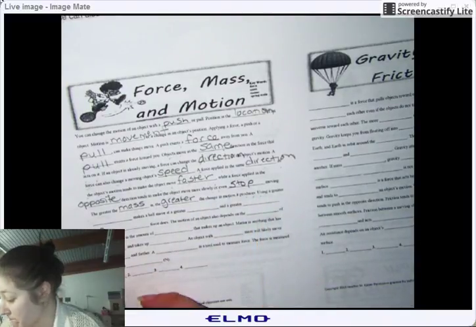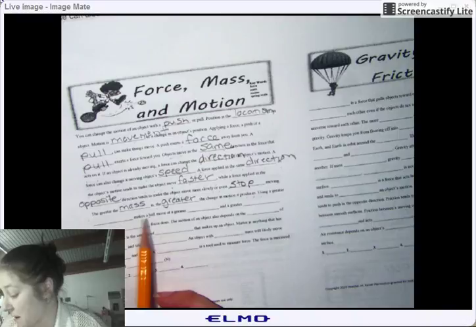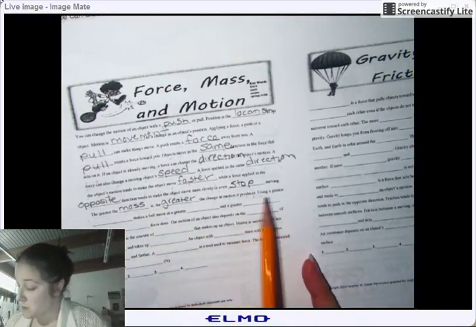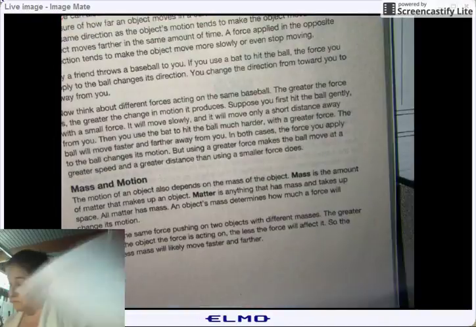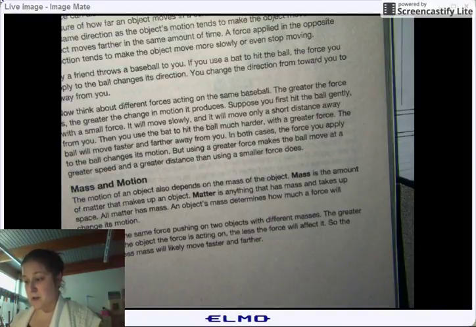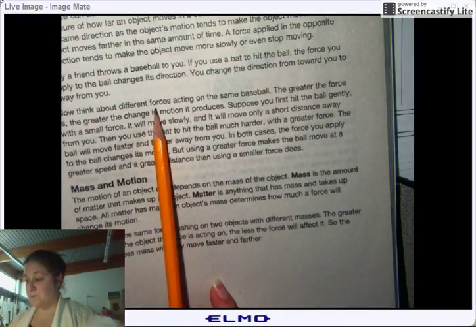Using a greater force makes a ball move at a greater speed and at a greater distance than using a smaller force does. So using a greater, not just mass, but using a greater, what have we been talking about? Force.